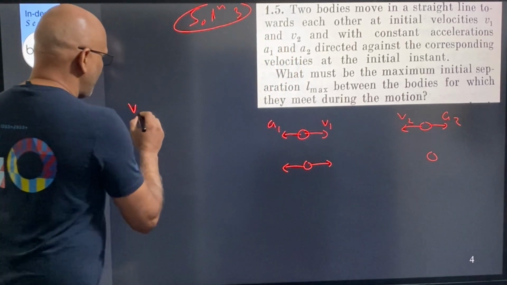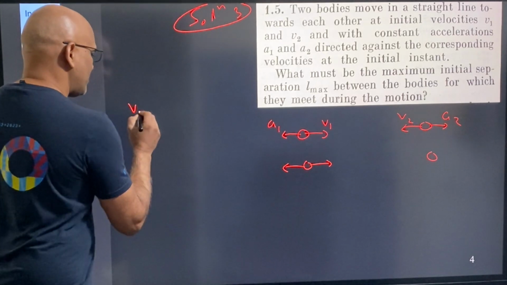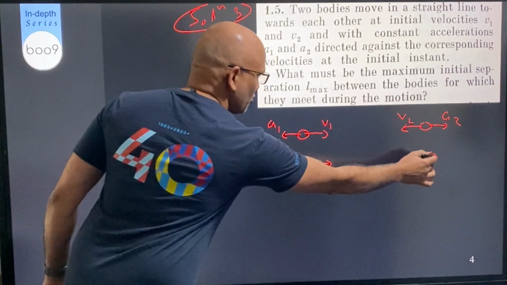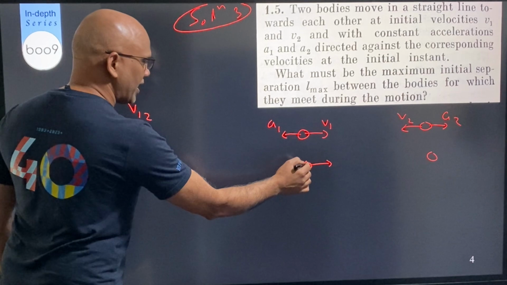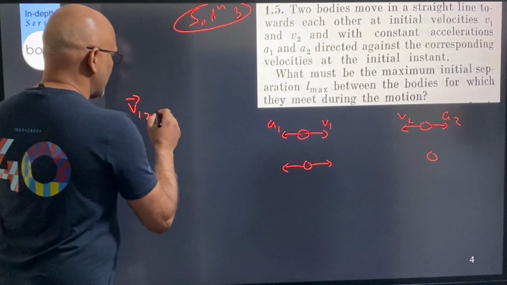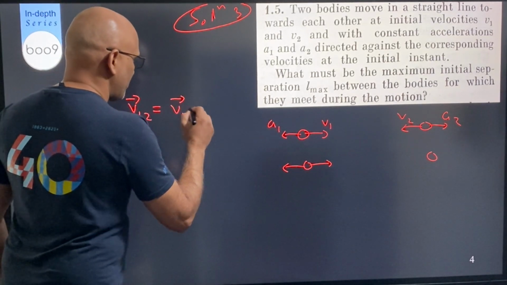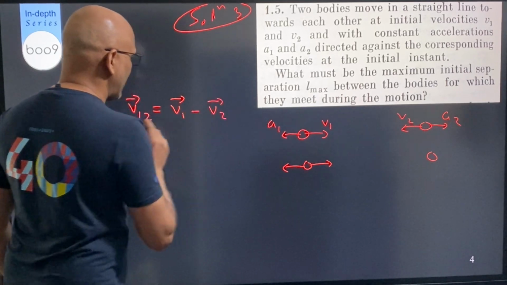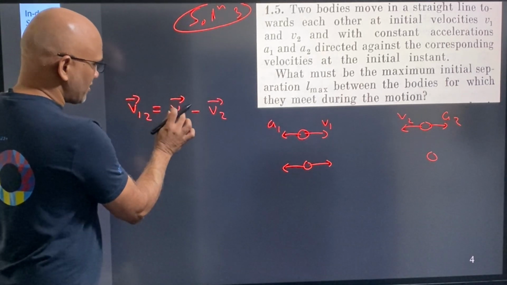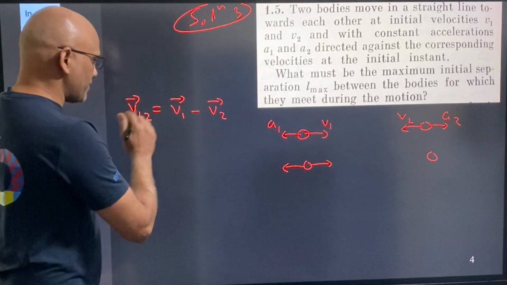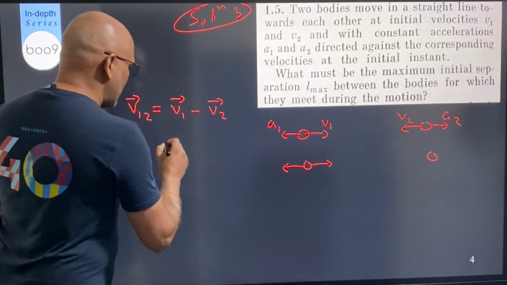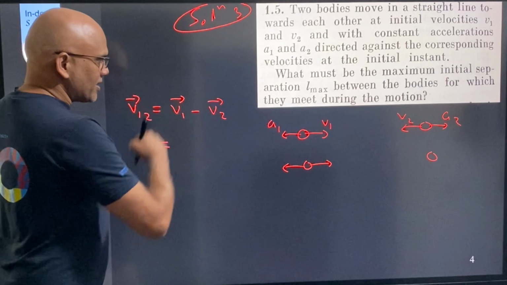Okay, so the relative motion of 1 with respect to 2, because 2 is at rest, is V1 minus V2. Relative motion of 1 with respect to 2 is velocity of 1 minus velocity of 2. This is by definition. Now let's try to write this the correct way.